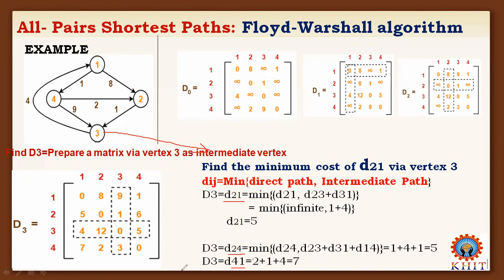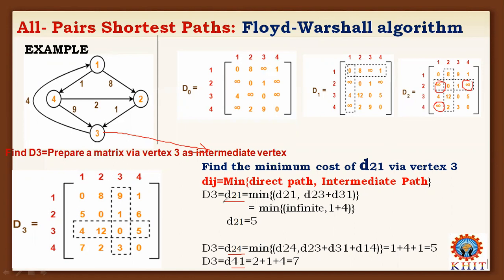In these three cases, the values are clearly changed. If you observe D of 21, the value infinity is changed here, and the value of D of 24 also changed, and the value of D of 41 also changed. These three values are changed when the matrix is updated from D2 to D3.